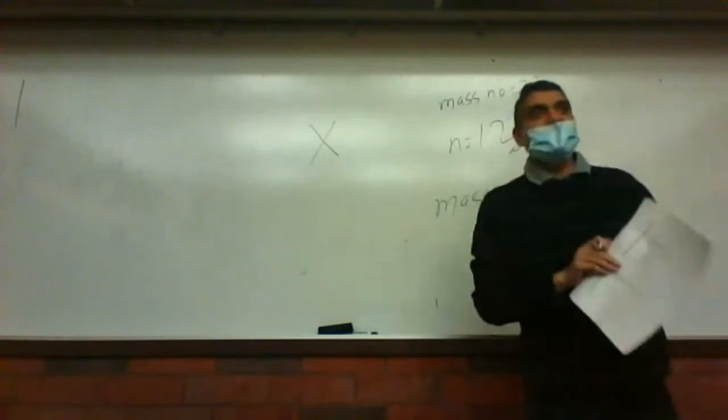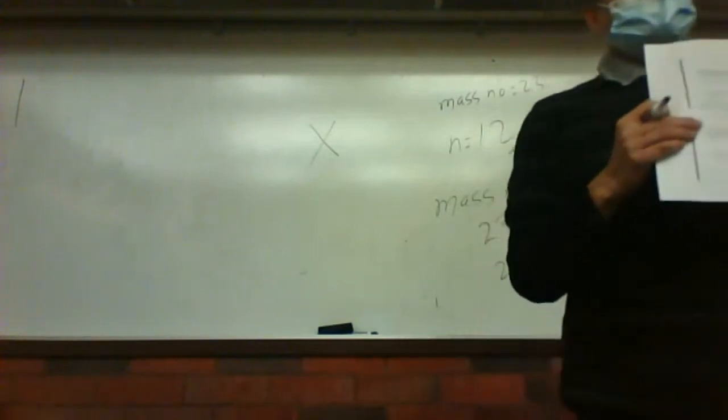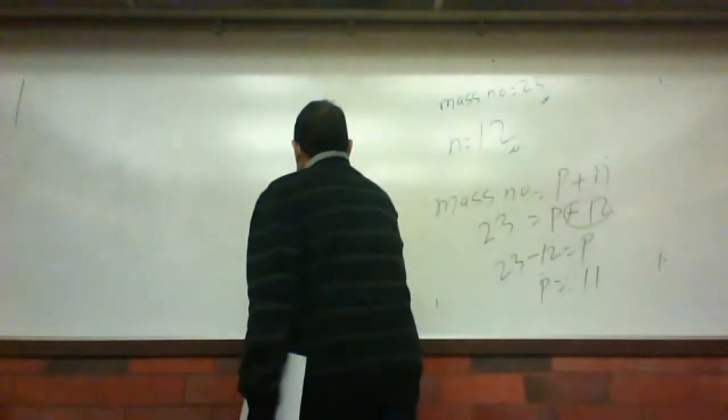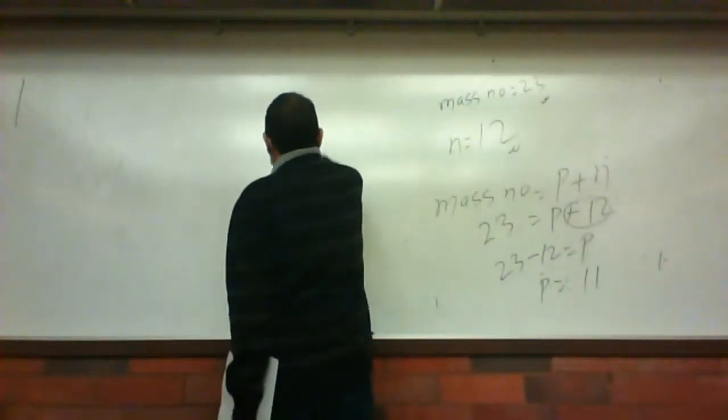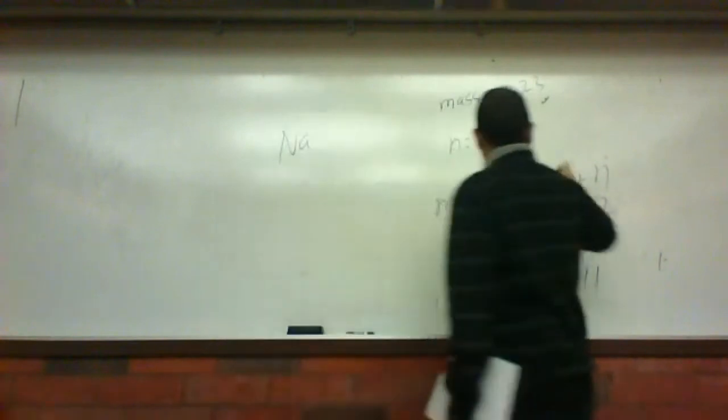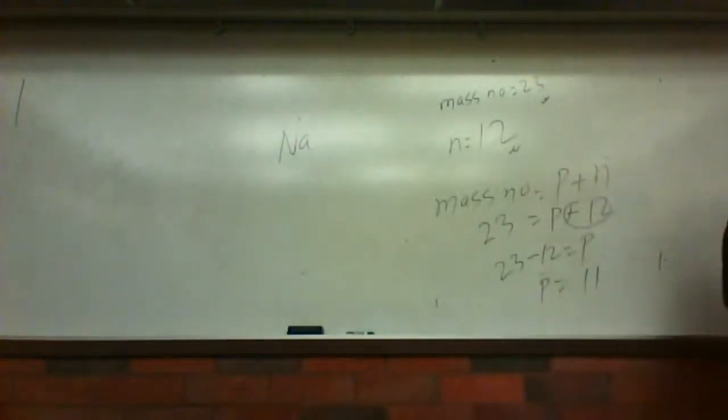So the proton is 11. Now go and look at the number 11 box. The 11th box in the periodic table is sodium. You go to the periodic table and look where there is an 11. So 11 is sodium. From this proton number, we need to find which element it is.